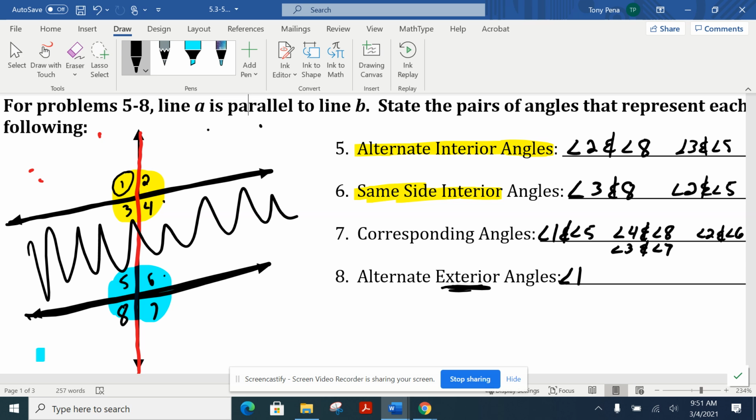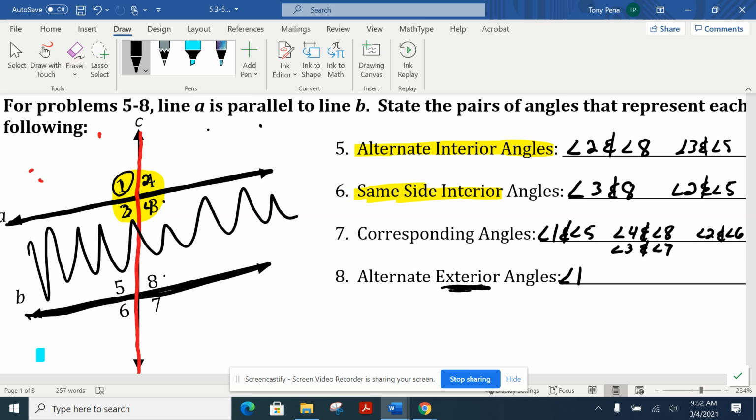Angle 4, 8 has to be here, right? Because they're corresponding. Oh, now they're back. Okay, let's try this again. Hopefully they'll stick around a little while.